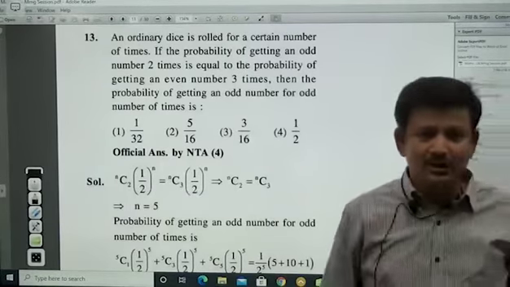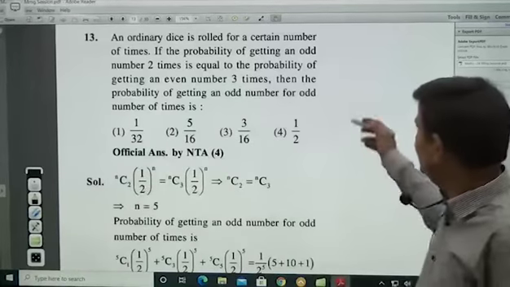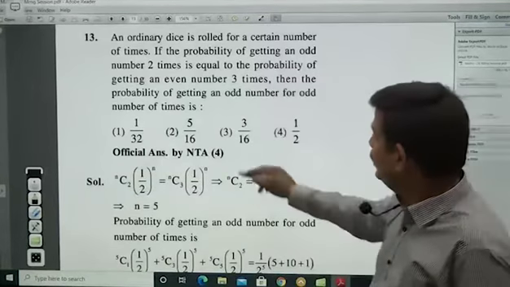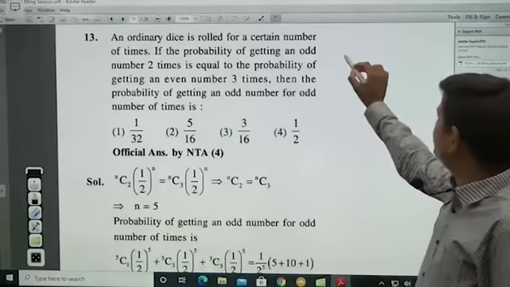So some particular odd number 2 times, getting an odd number. Getting any odd number 2 times is equal to, so which 2 times?